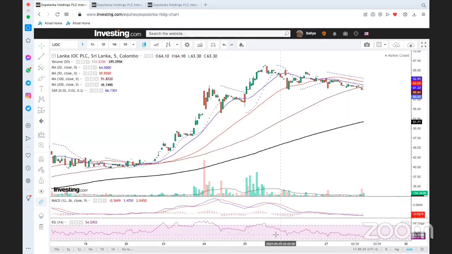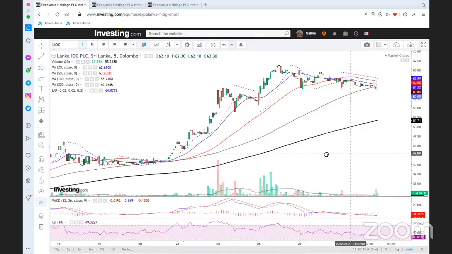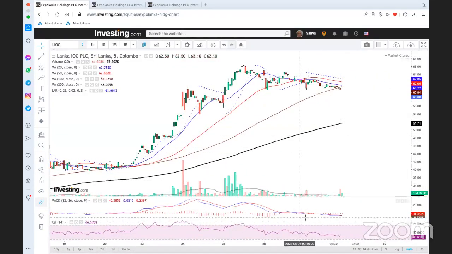So here you can see that the MACD line is below the center line and also relatively below the signal red line, right? And you can see that it's ranging, just almost brushing that signal line, right? So at this point, you can't do anything as far as trading is concerned, right? There has to be a clear signal.